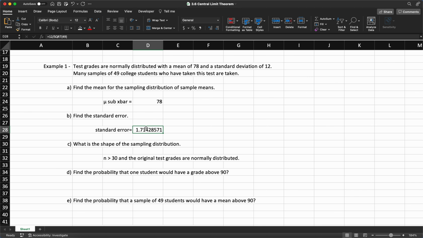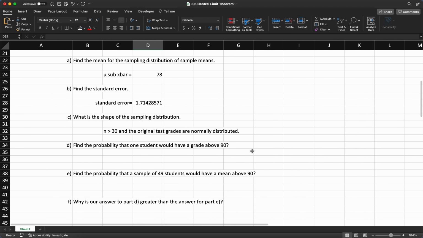Now my standard error would be different. My mean would be the same. My standard error would be different because then I'd be dividing by the square root of 20, which would give me a bigger standard error. But even though n would be less than 30, because my original population was normally distributed, I know that my sampling distribution will also be normally distributed, even when n is less than 30.